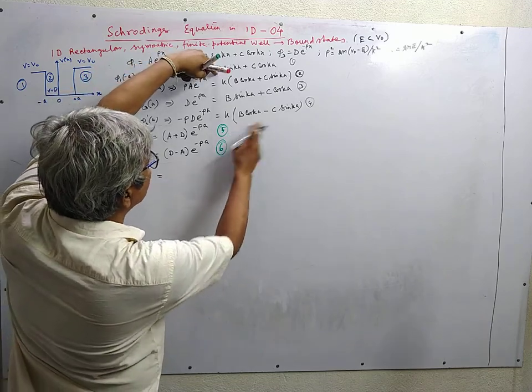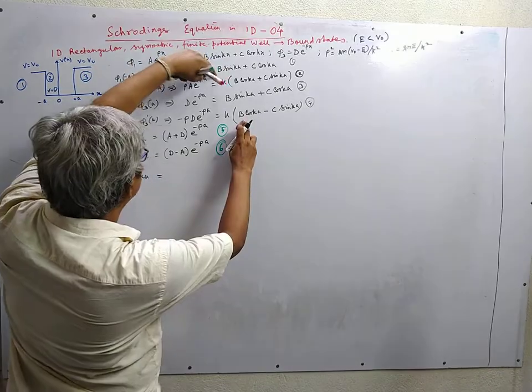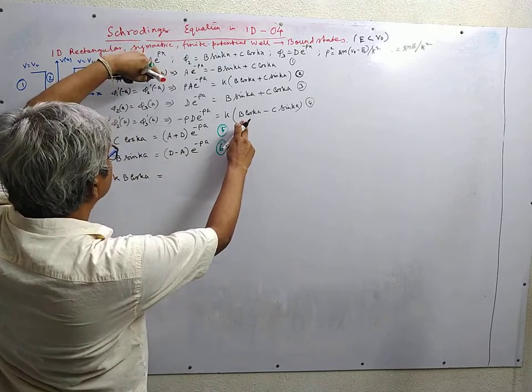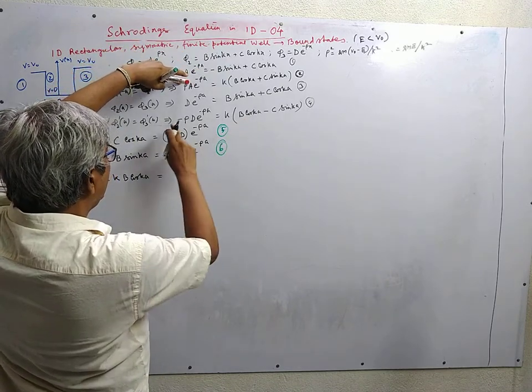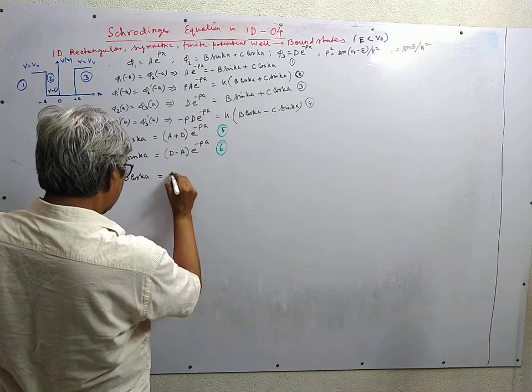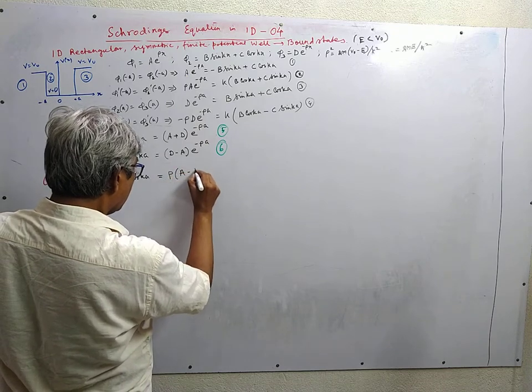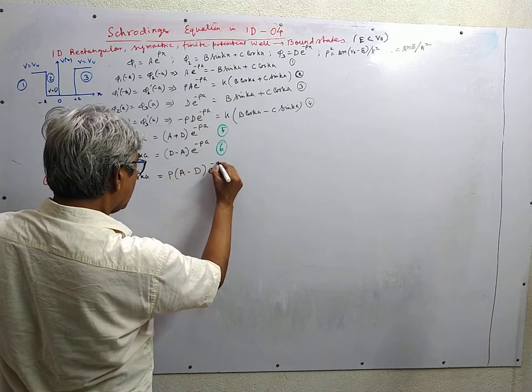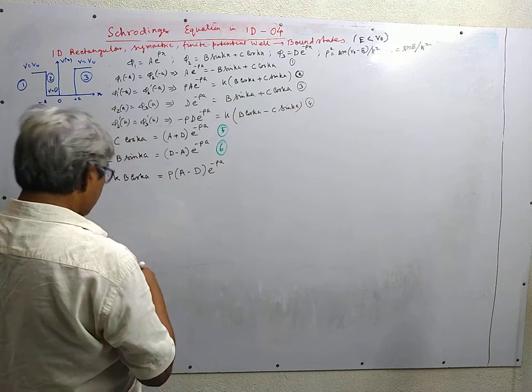Adding these, this term gets cancelled, twice b cos ka, and on the right hand side we will have (a minus d) rho e to the power minus rho a.